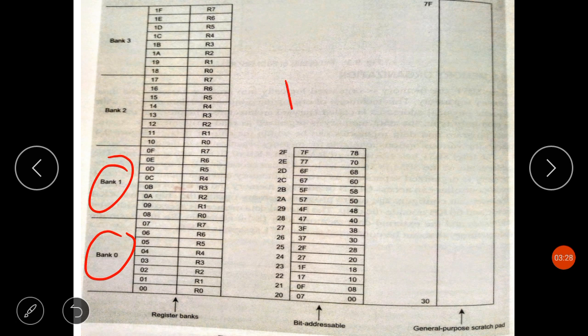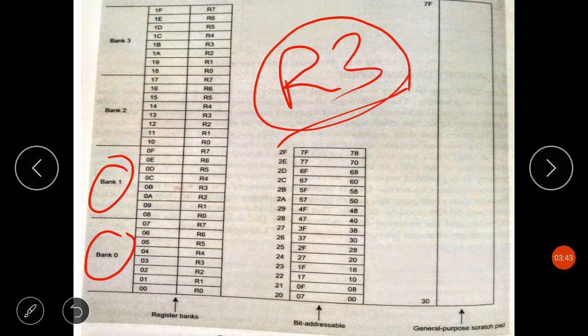If I write R3, how will I know which bank's register I am accessing? Because every bank has a register designated R3. So if I address a register by its name, I should be clear about which bank's register I am addressing. For that, the particular bank has to be selected.